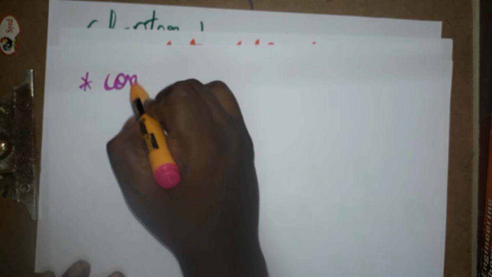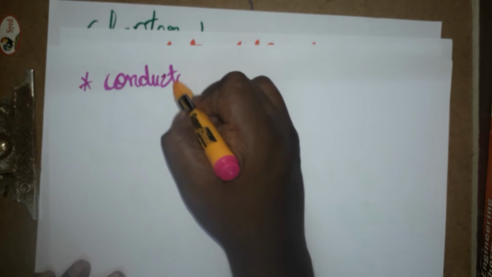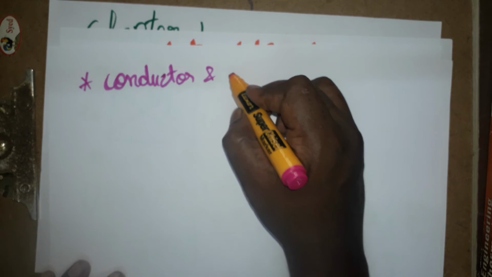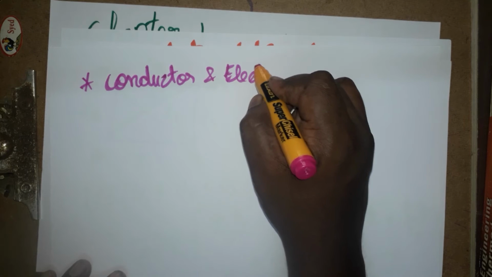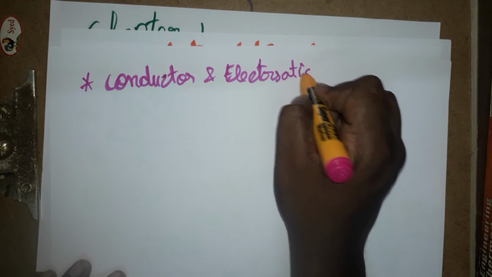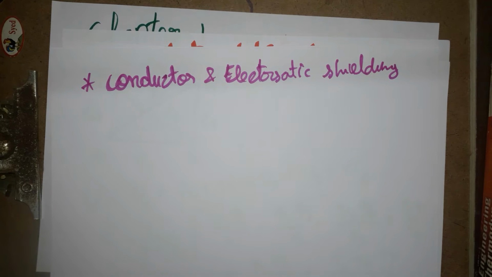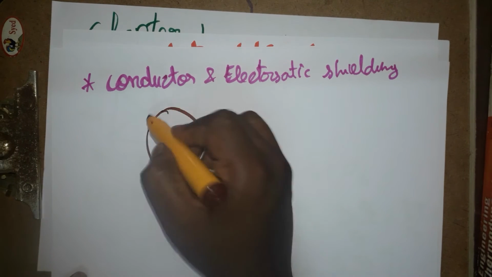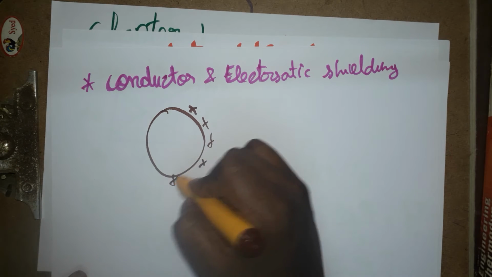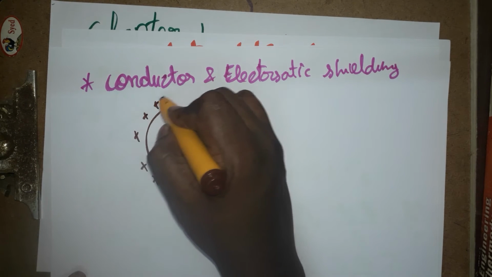In this second chapter, electrostatics, we have a lot of formulas. Another thing is electrostatic shielding in a conductor. It's a very important concept, and you can expect one more question here. When an extra charge is placed in a conductor, what will happen? When extra charge is given, it stays on the outside because all the electrons start accumulating on one side.